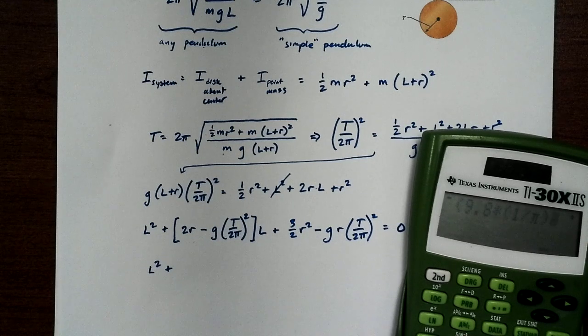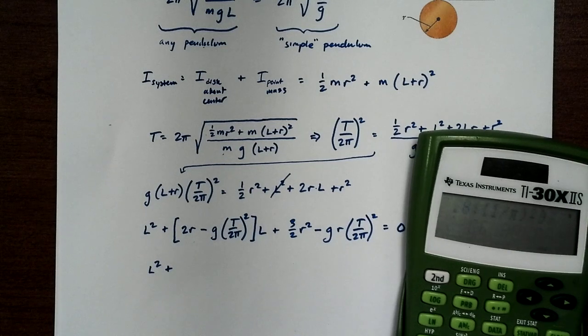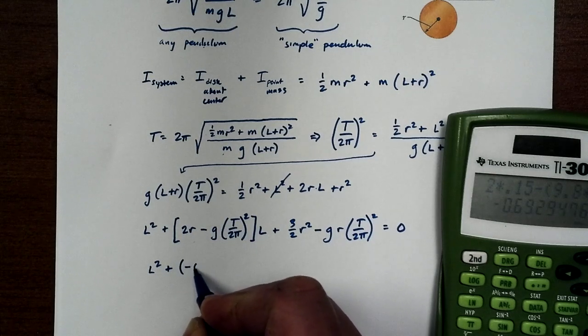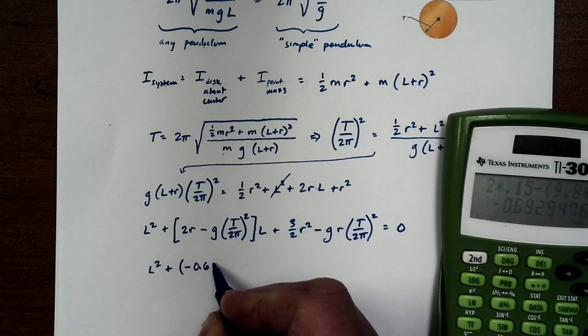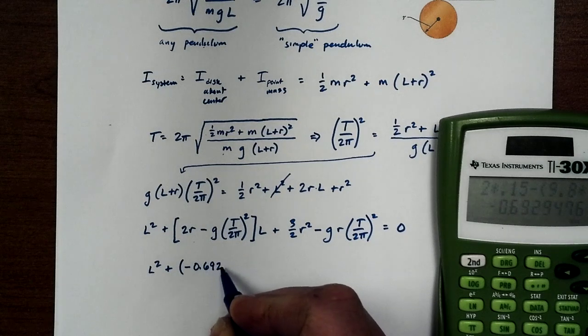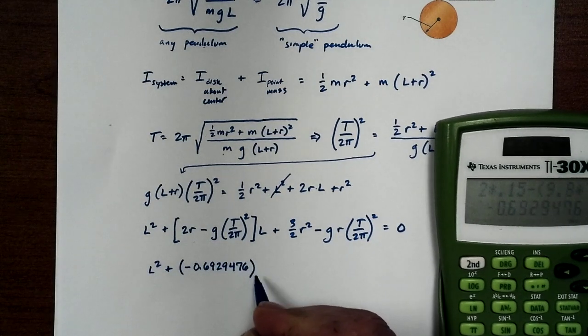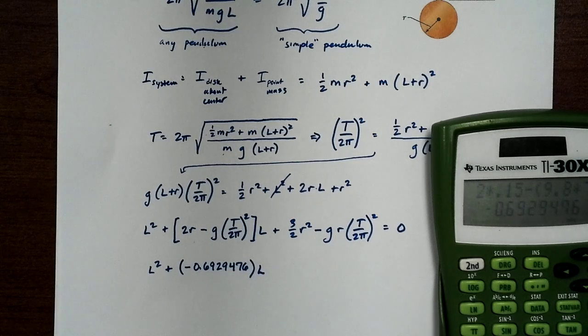That piece got squared. Oh, this is actually a negative 0.6929476. I'm going to keep all that because it's asking us for a fairly precise answer.